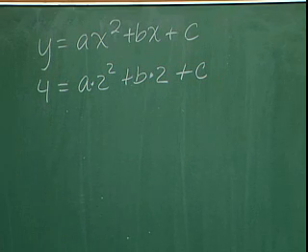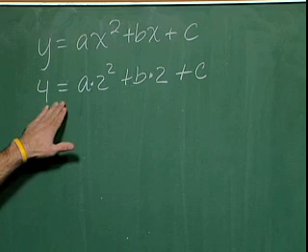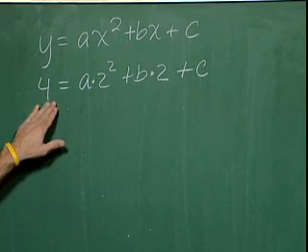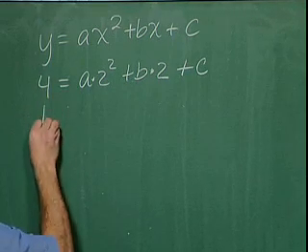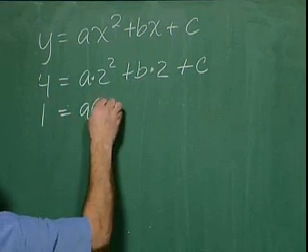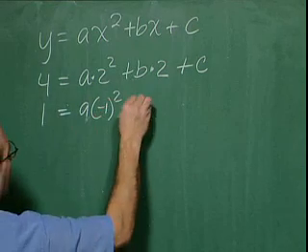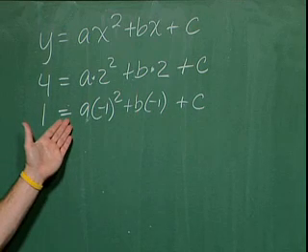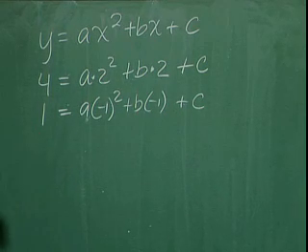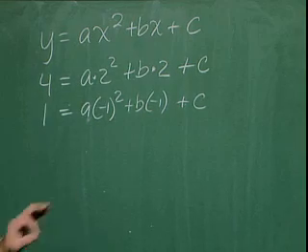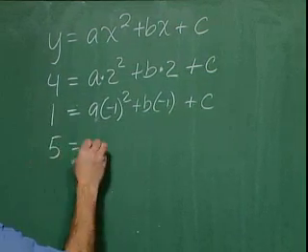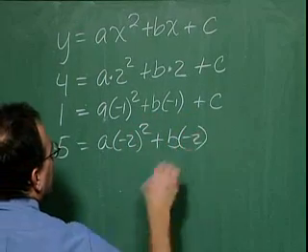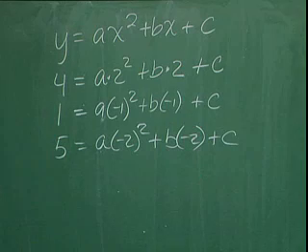Of course, I should simplify that a little bit, and I will in a moment, but let's look at plugging in the next point, -1, 1. That would be 1 equals a times -1 squared plus b times -1 plus c. Again, we'll simplify that in a moment. The third point is -2, 5. So that would be 5 equals a times -2 squared plus b times -2 plus c.